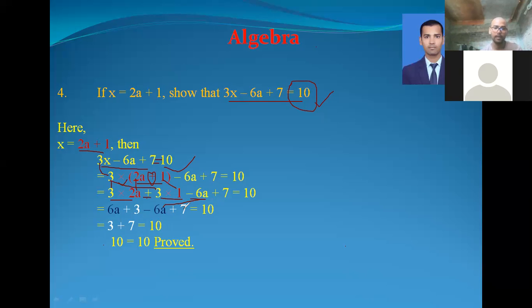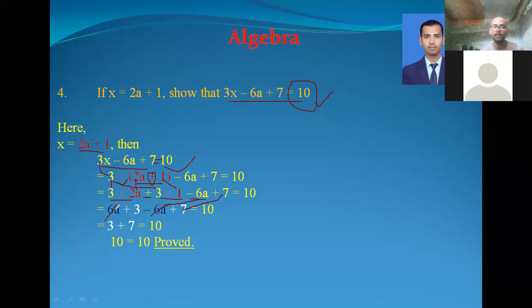So we have plus 6a and minus 6a. These two are like terms. That's why when we subtract 6a from 6a, we have the answer 0. That means when 6 is subtracted from 6, we get 0 as the answer.